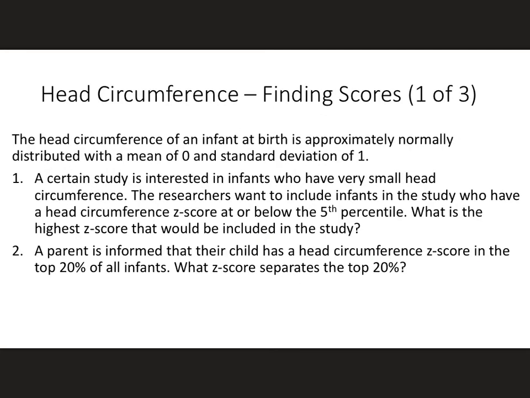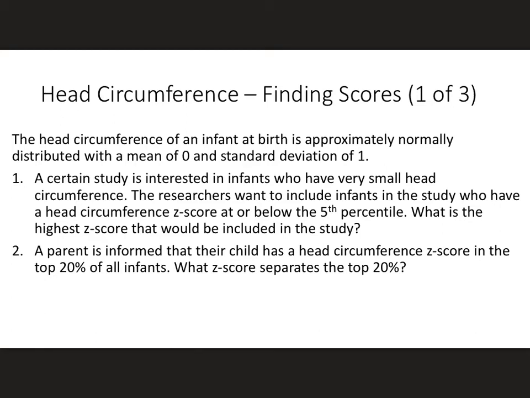So we did finding the probabilities. Now I want to find the actual scores. Just like in 6.2 where we used a norm.inverse, there's actually a norm.s.inv formula that we can also use. Let's look at an example here. The head circumference of an infant at birth is approximately normally distributed with a mean of 0 and a standard deviation of 1.